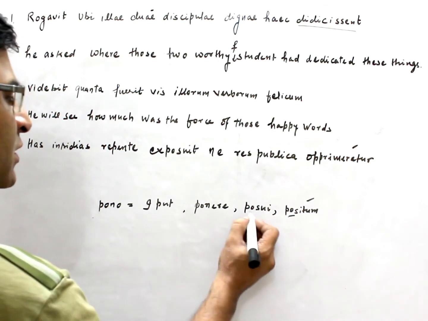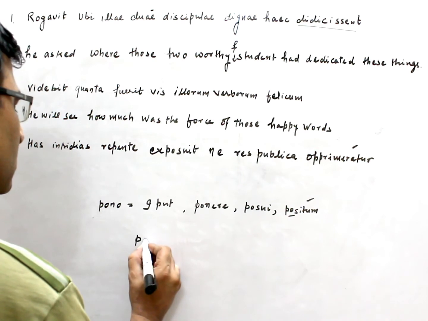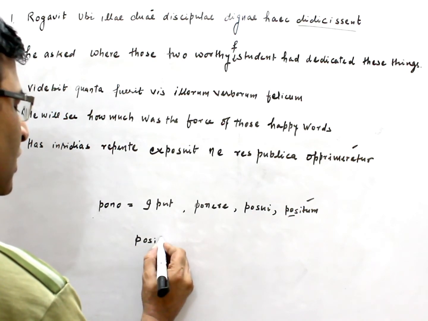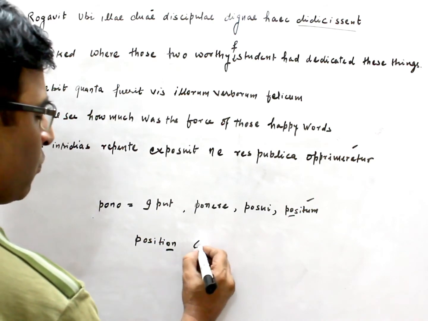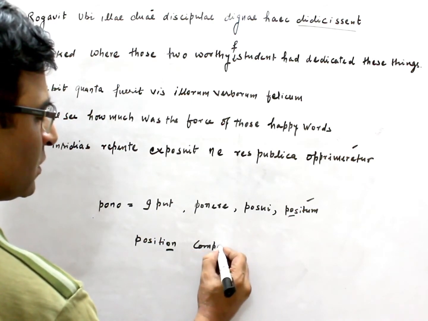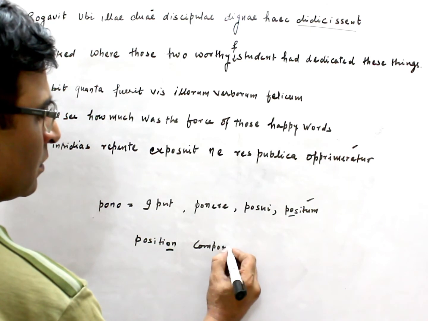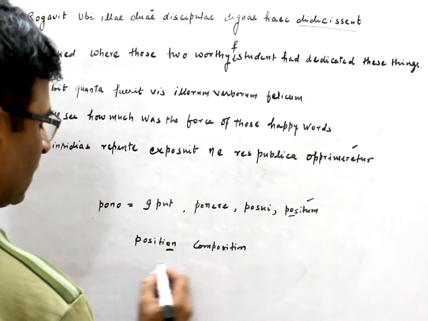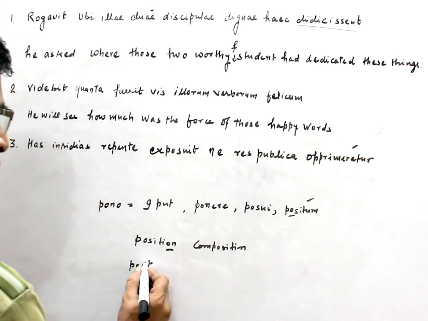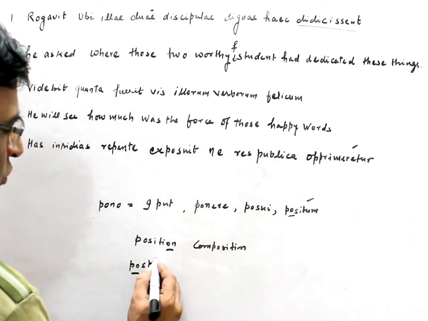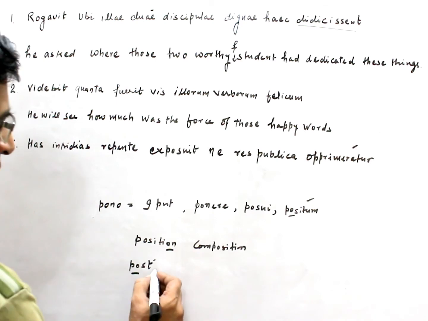If I take this root, pose, so the position word comes from this, composition word comes from this, the post also, the pose makes the post, so this also comes.